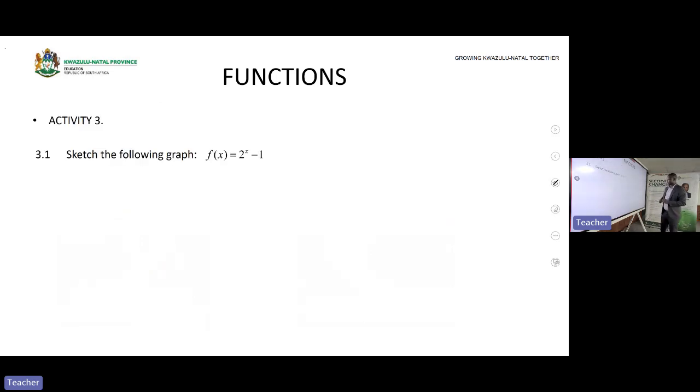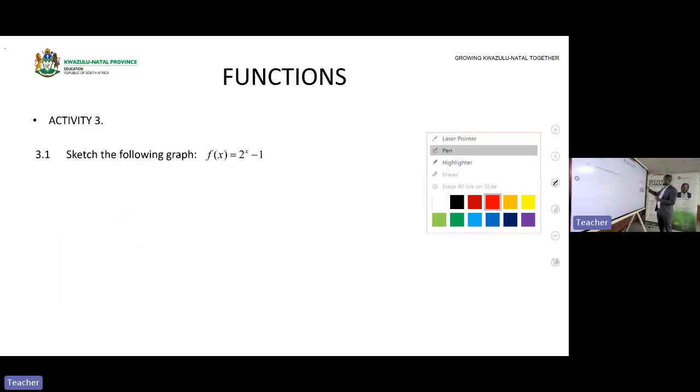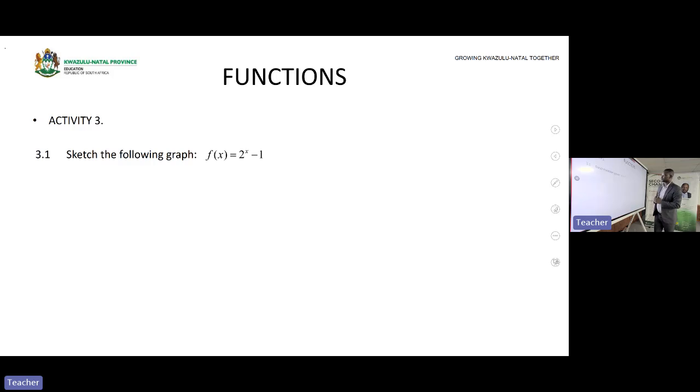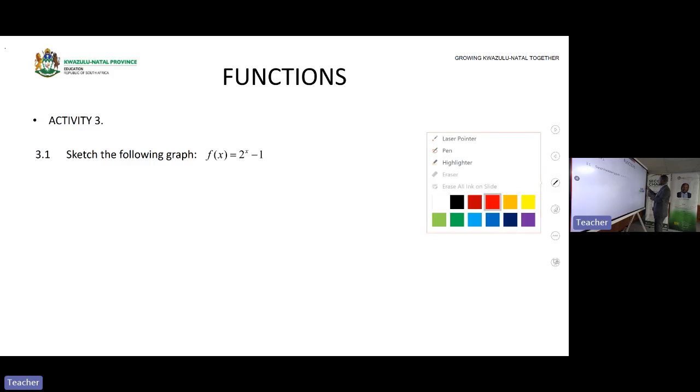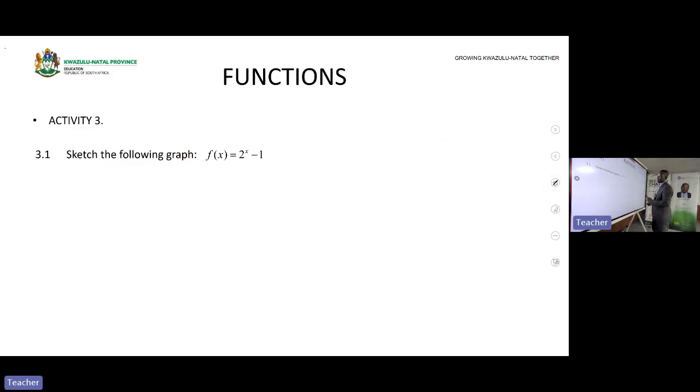Maybe let us sketch the graph so that you'll see what we mean when we say the shape of the graph. If b is greater than 1, the shape of the graph will be increasing. And if b is between 0 and 1, the shape of the graph will be decreasing.